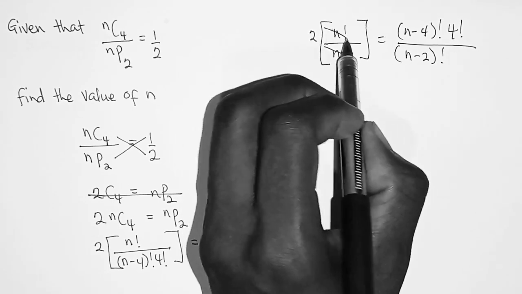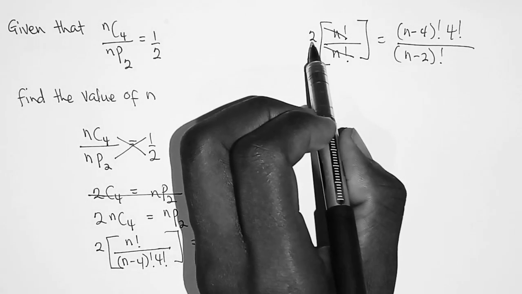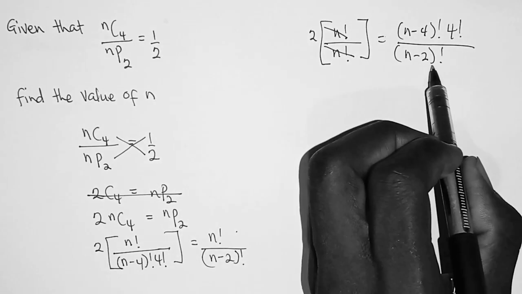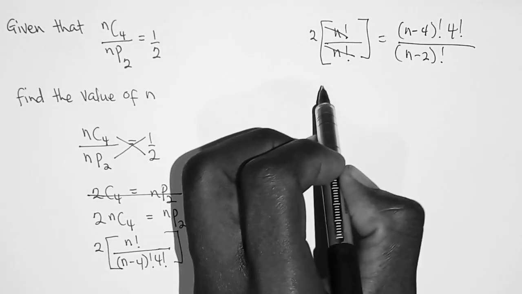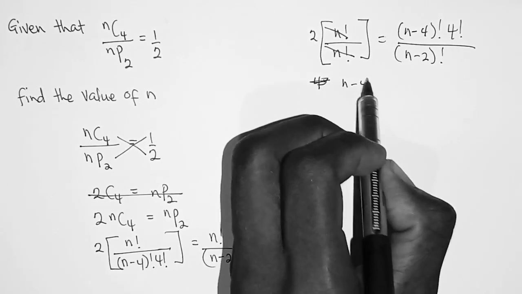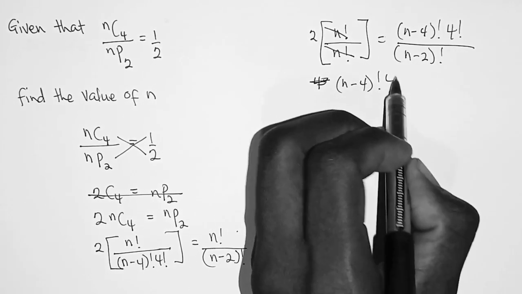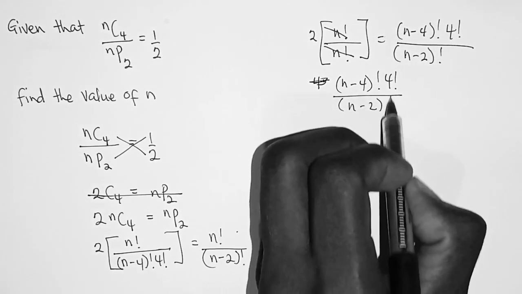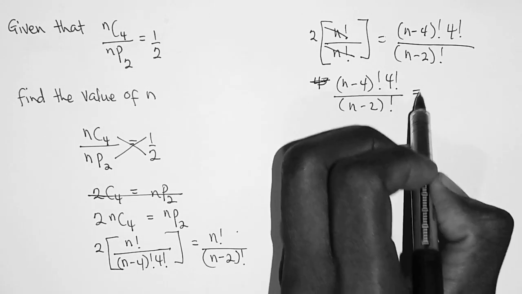So n factorial can cancel out. So we are left with 2 on this side, and then n minus 4 factorial divided by n minus 2 factorial. Then this is equal to 2.